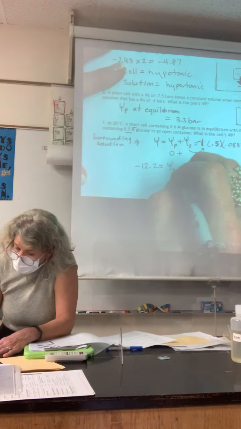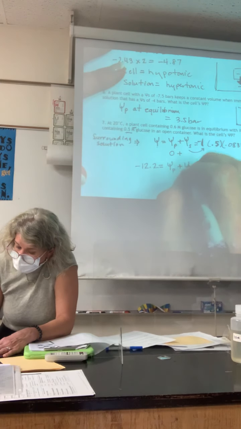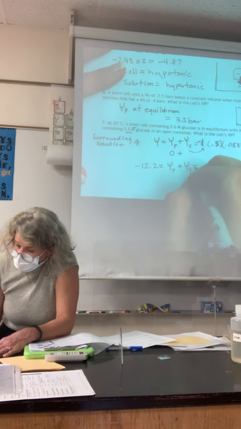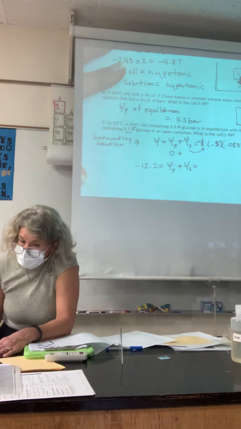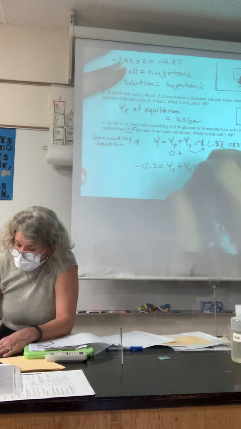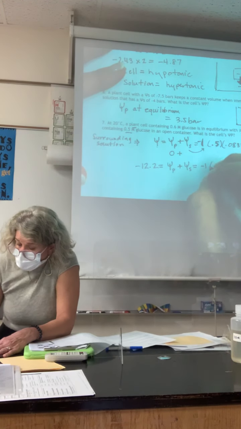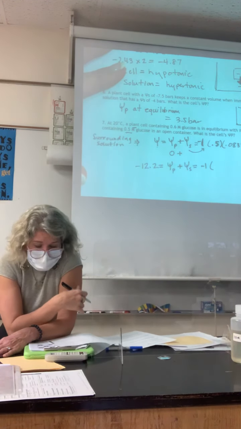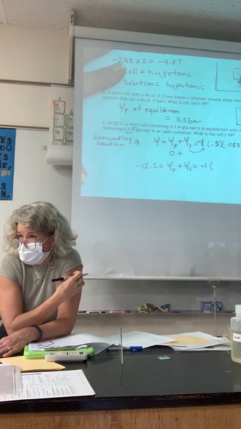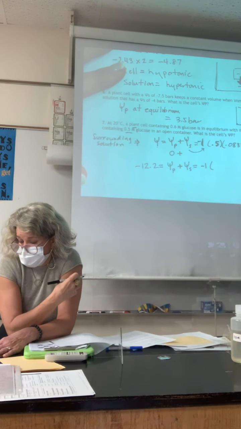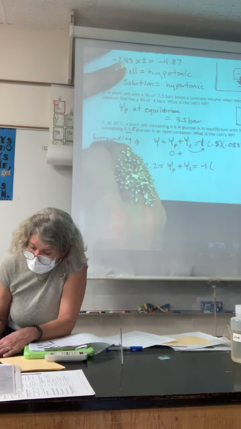So we're going to plug in all of our information that we have for our solute potential, okay? But what's going to change in this? Everything is the same. It's still sugar, so our i is the same. What about our molarity? Is our molarity the same, Anthony? We're doing our cell here, the cell at equilibrium.